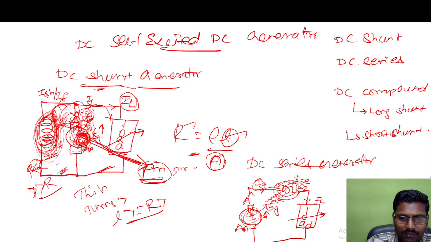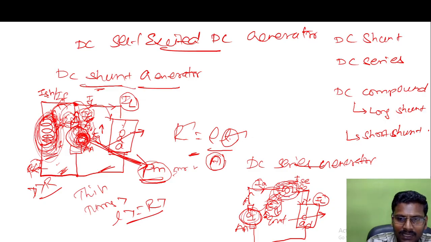Both fluxes will link with each other, which will produce an extra amount of voltage, the EMF EG, which will flow through the load. And the current drawn by the load is represented as IL.